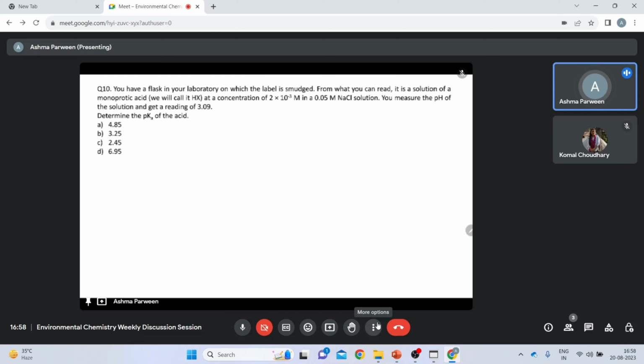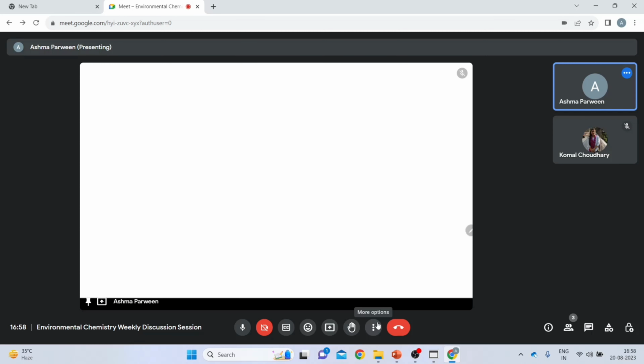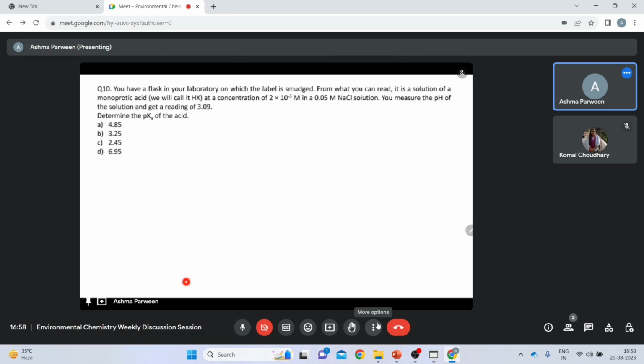So we have been given HX, total HX concentration is 2 into 10 raised to power minus 3 M. And we have NaCl as 0.05 M, and we have been given the pH as 3.09, and we have to find out what is the pK of the acid.